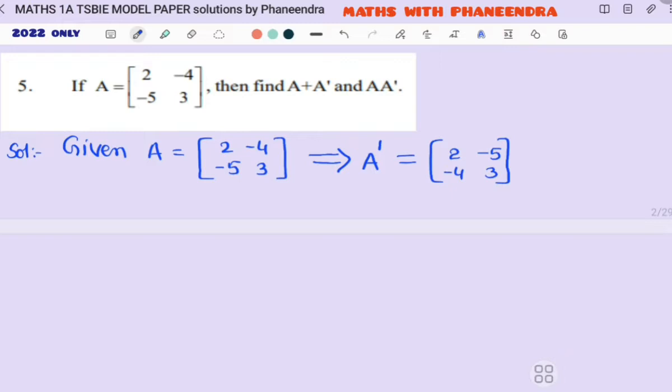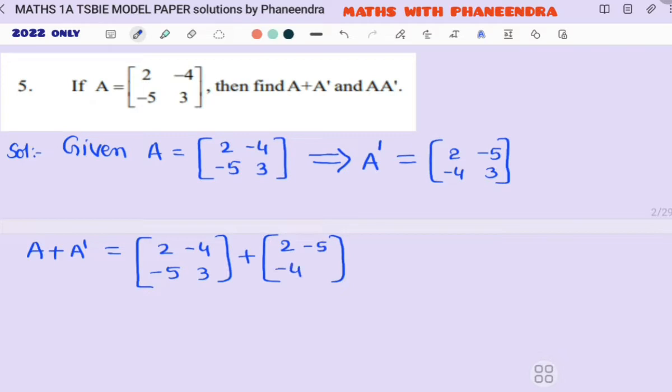After that, the sum of these matrices A plus A dash is equal to [2, minus 4; minus 5, 3] plus [2, minus 5; minus 4, 3], that is equal to the sum of the matrices: 2 plus 2, minus 4 minus 5, minus 5 minus 4, 3 plus 3, that is equal to [4, minus 9; minus 9, 6].